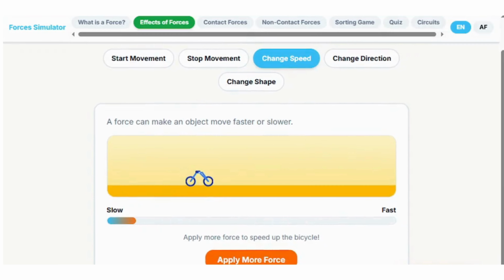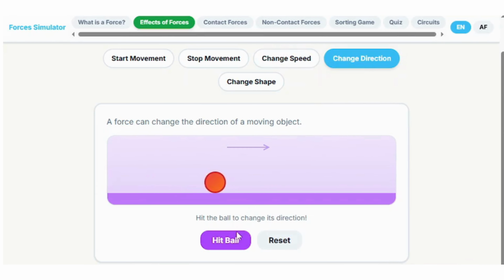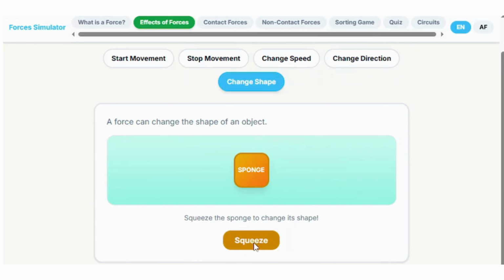We apply more force to speed up the bicycle. Next one is where we change direction. Hit the ball to change its direction. And the last one is where we change shape, squeezing the sponge to change the shape.